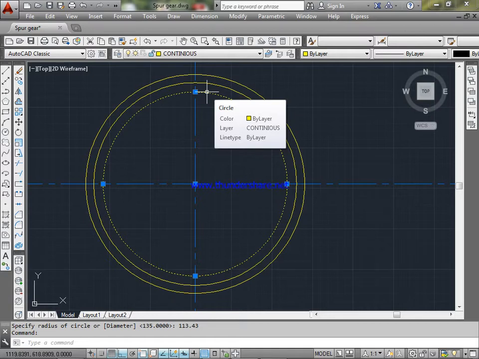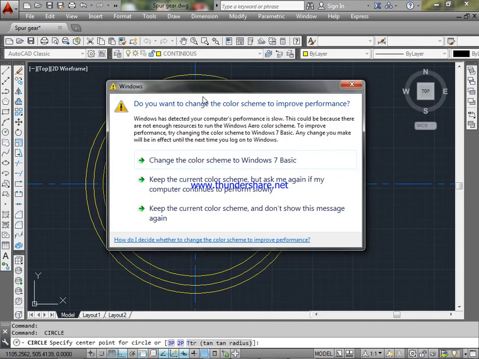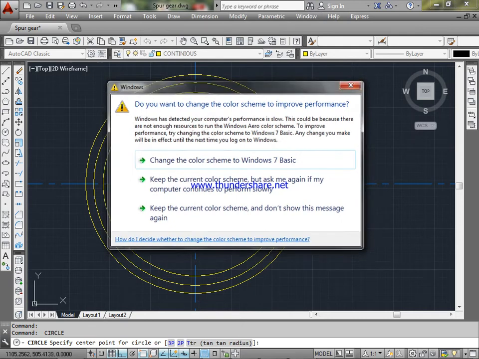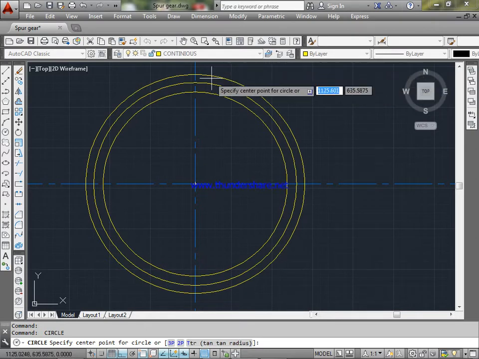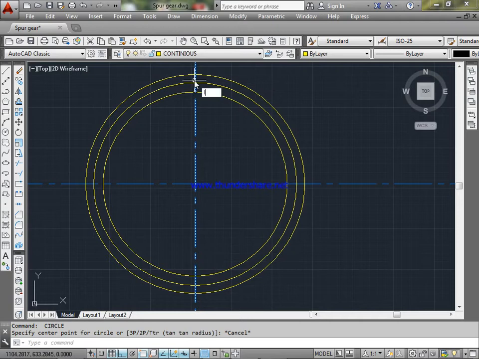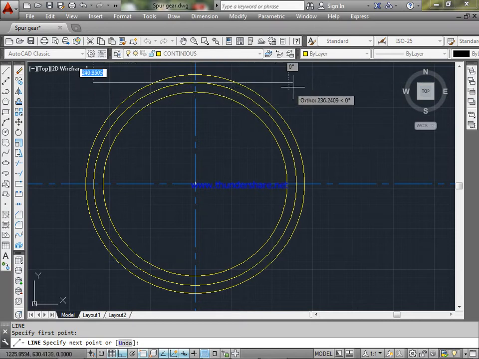Then we should draw the common tangent from the pitch point. This is the pitch point, and we should draw a line through this point.